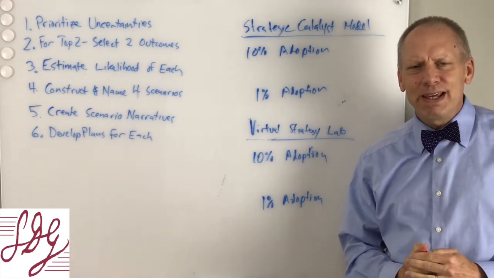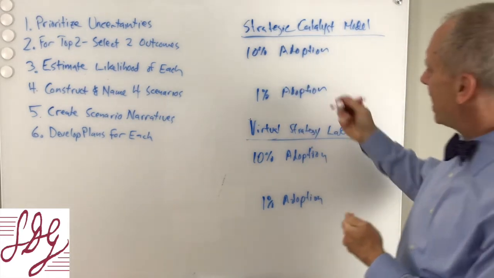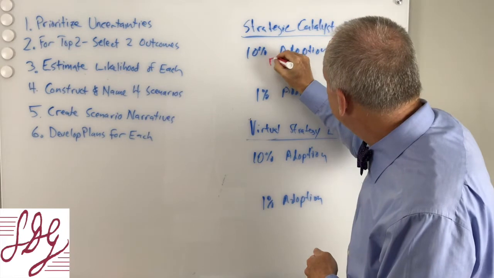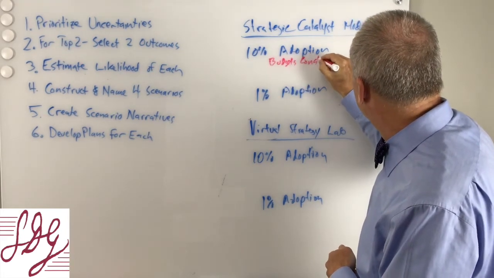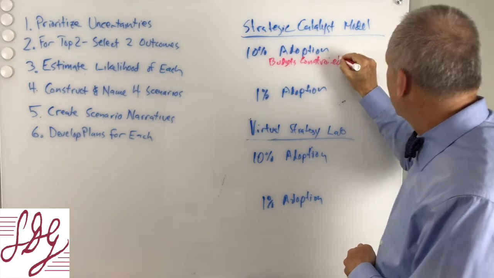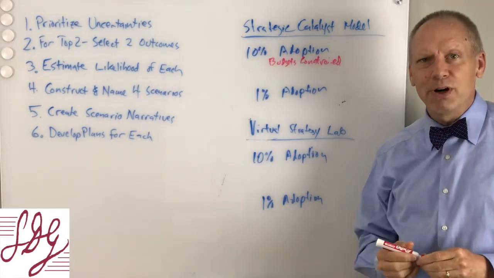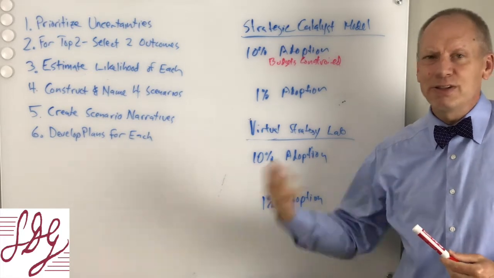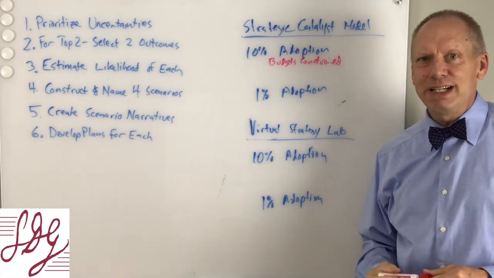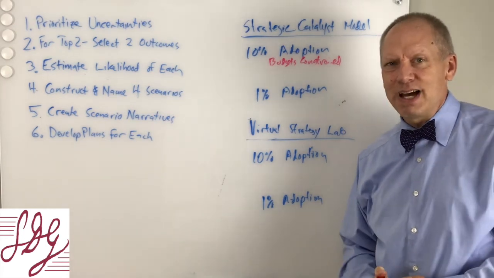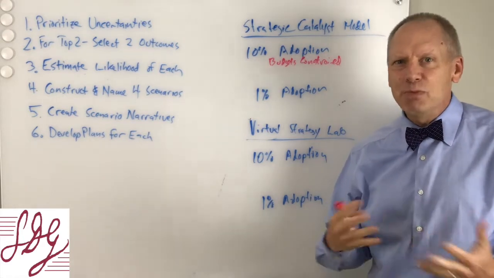I think one thing favoring this is that budgets are constrained. And as I said, the strategic catalyst model is a less expensive model. So if people are struggling with constrained consulting budgets, and they believe it's a viable option, then this can help them get more done with less money.